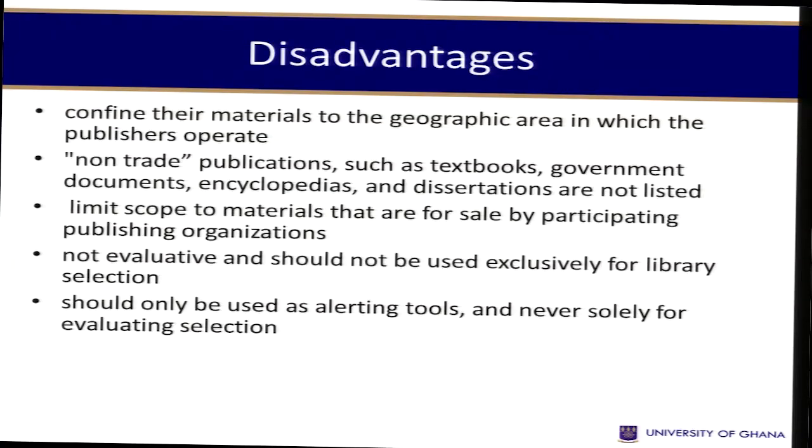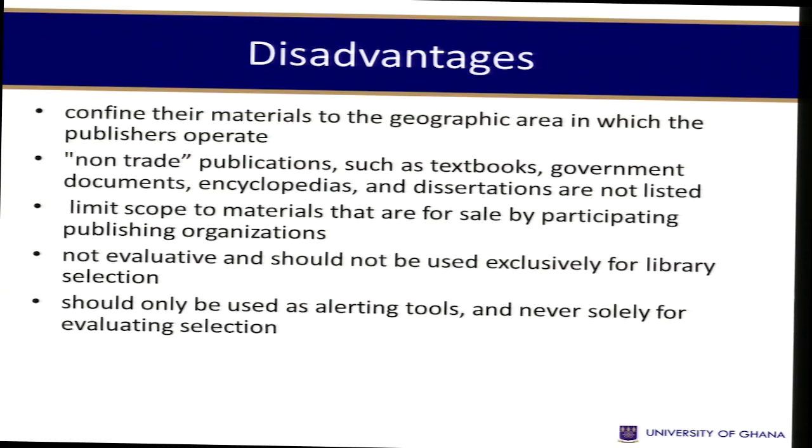So it's a very handy tool for any library trying to build their collection, especially in a particular subject area, because these materials come from publishers within a particular geographical area. So what are some disadvantages?